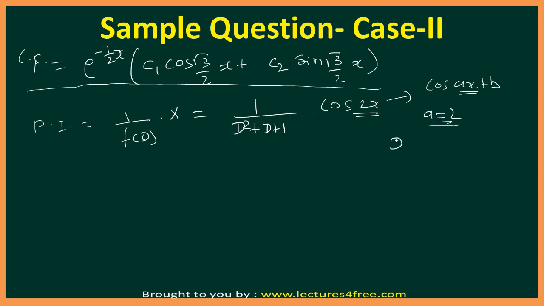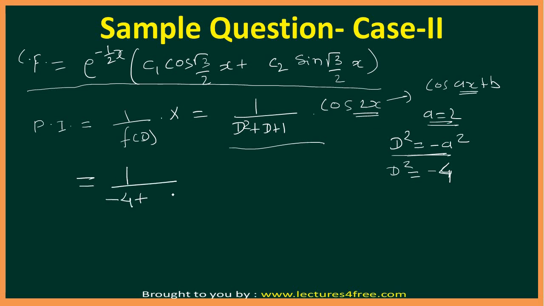So we have to replace our d square term with minus a square. So we have to replace d square equal to minus 4 in this equation. Now if you replace d square equal to minus 4, then you will get 1 upon minus 4 plus d plus 1, and then cos 2x.